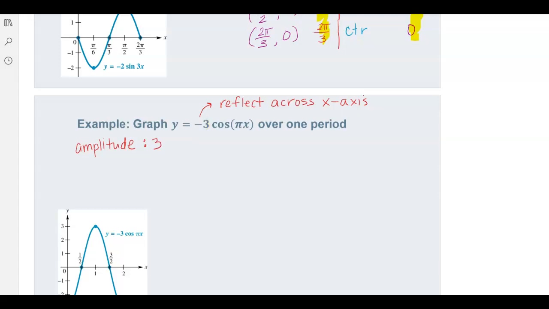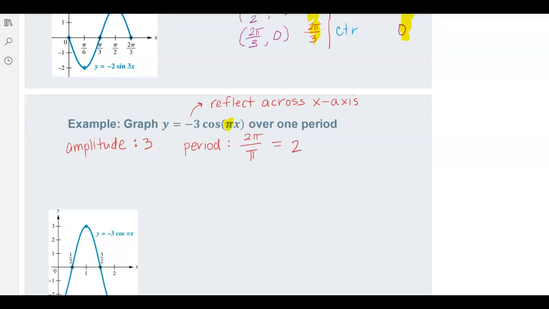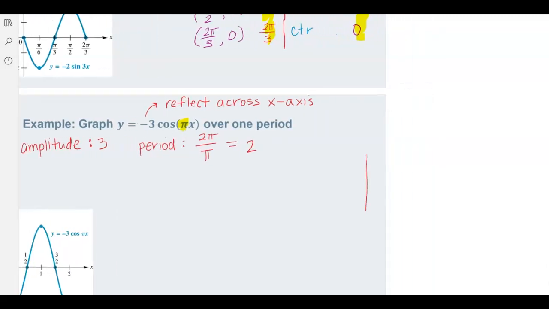But what's the period for this graph? It's interesting. There's a pi there. It's not normal. The normal period for cosine is 2 pi, and I divide by whatever number I see sitting next to the angle there. 2 pi over pi, which is just 2. Okay, so I'm going to start at 0, and go to 2, the halfway point will be 1.